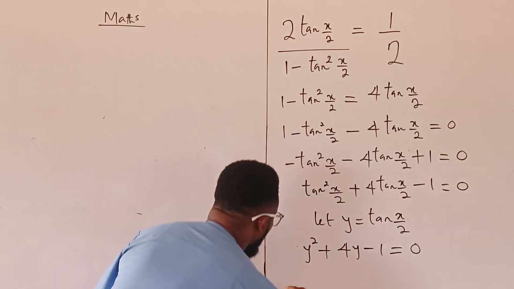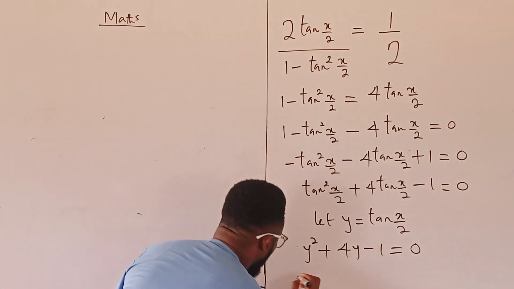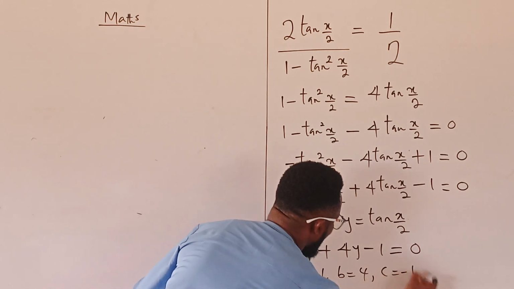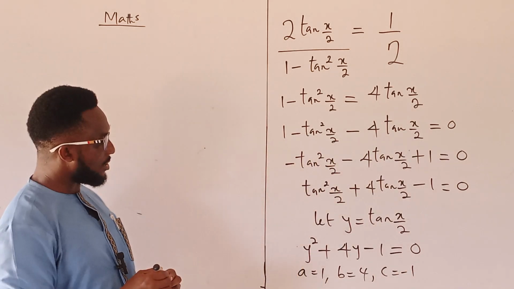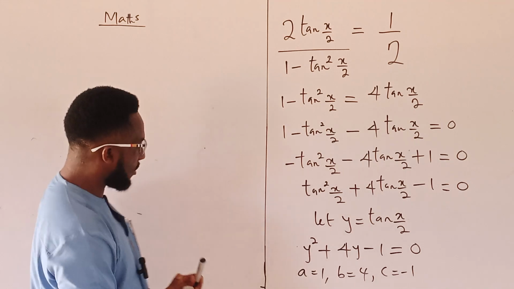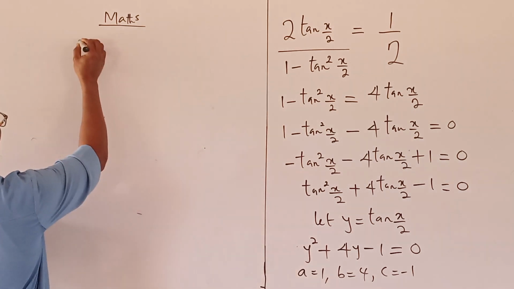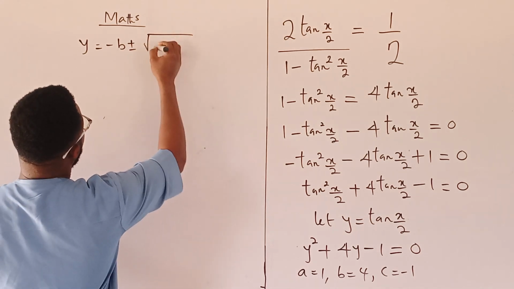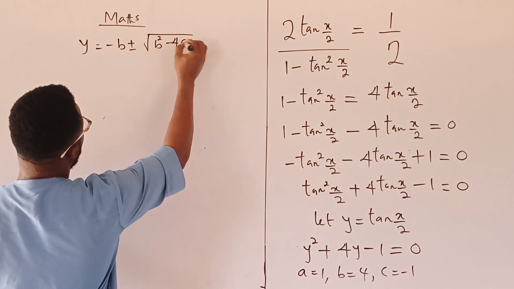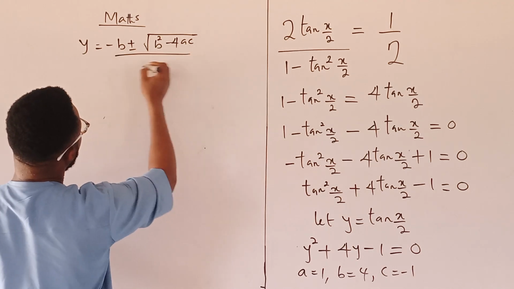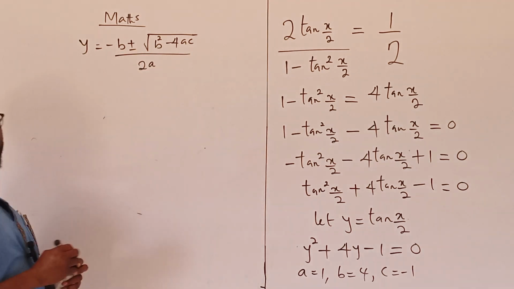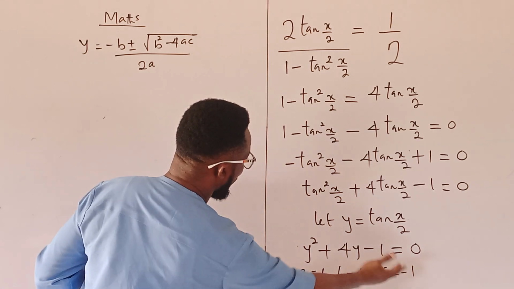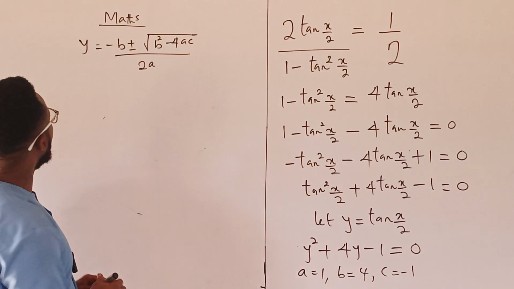Okay, so here, already the coefficients are a equal to 1, b equal to 4, c equal to -1. We cannot actually factorize this. We are going to use the formula method. So y equal to negative b plus or minus square root of b squared minus 4ac, upon 2a, is the quadratic equation formula. a is equal to 1, b is equal to 4, and c is equal to -1.